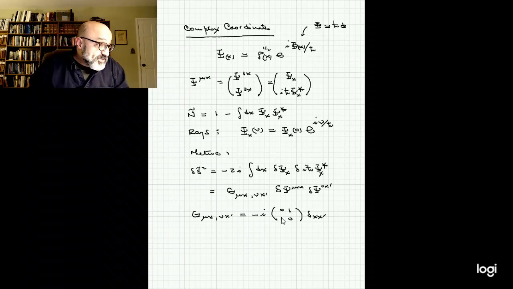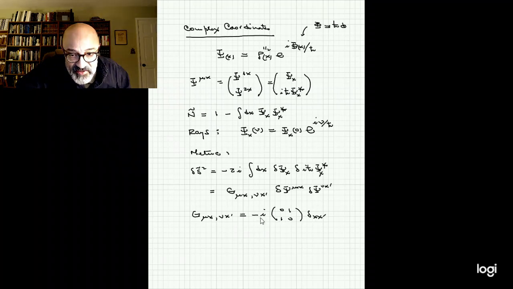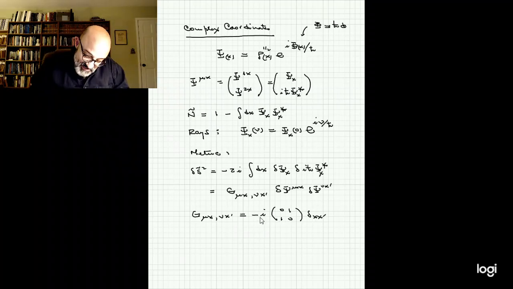The corresponding inverse, I don't need to write it, it's just flip the i to the minus i, and the complex structure tensor is going to be nu x prime equal to i, 0, 0, minus i, and then delta x prime.